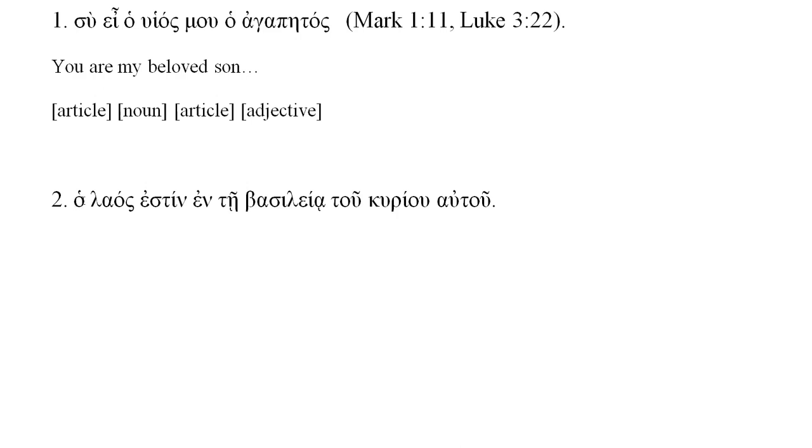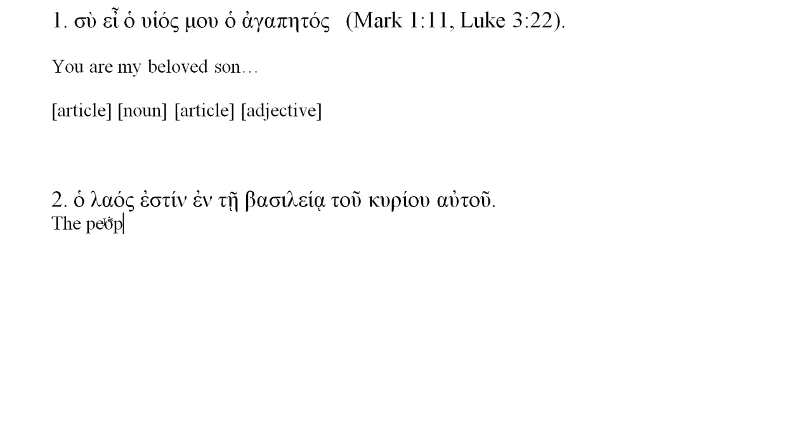We have ho laos estin en te basileia tou kuriou autou. So ho laos begins this. We have a nominative masculine singular definite article. Laos is a masculine noun, second declension, and it means people.